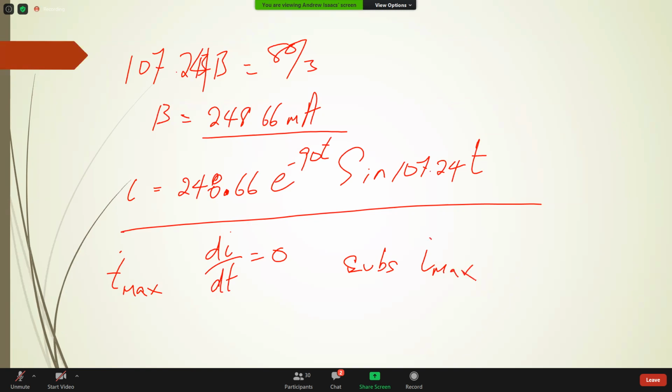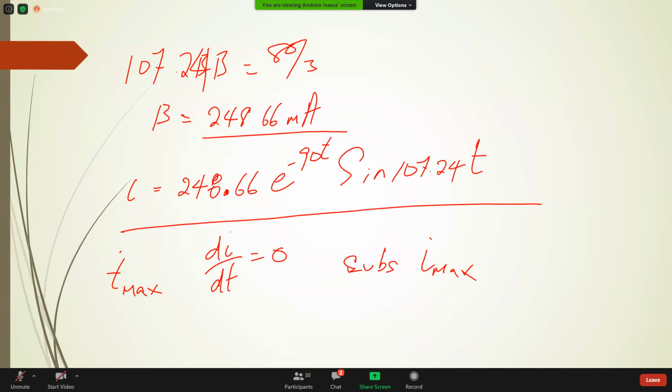And then, of course, if you're sketching the curve, you know that it is underdamped. So what we are expecting, and you also note, is that the first oscillation would be positive based on what we have here. Agreed? The 248.66. Anyway, it looks like I used up all my slides.